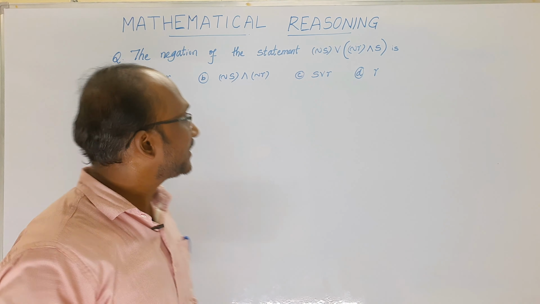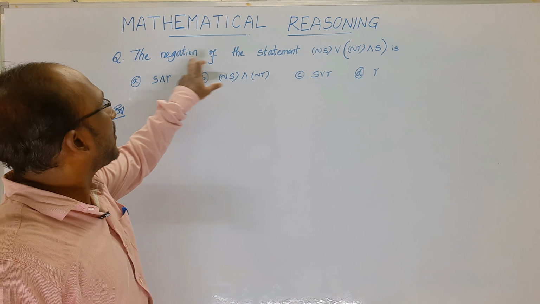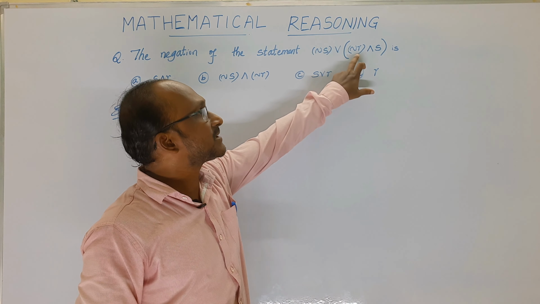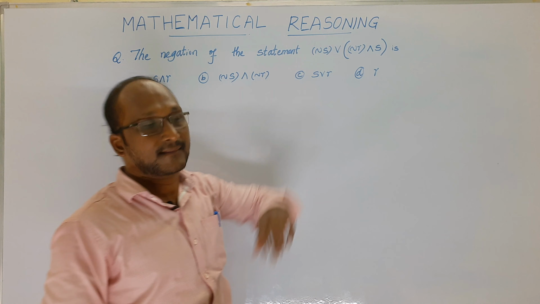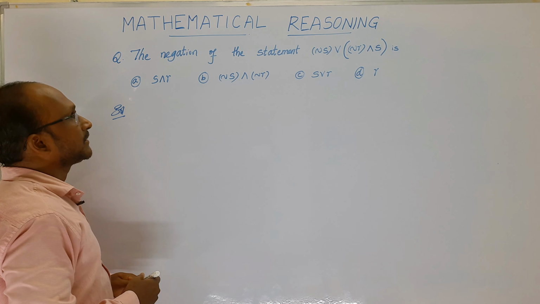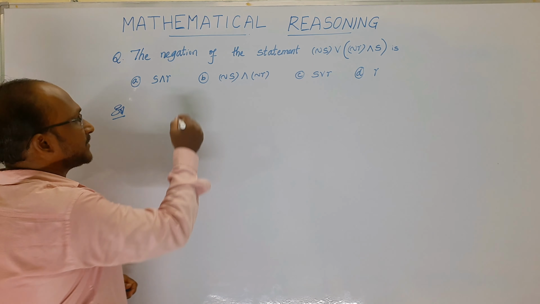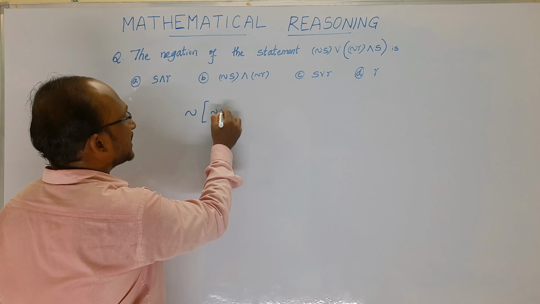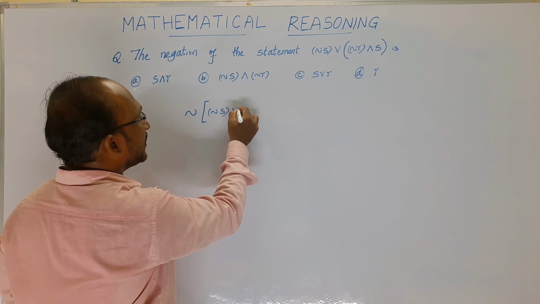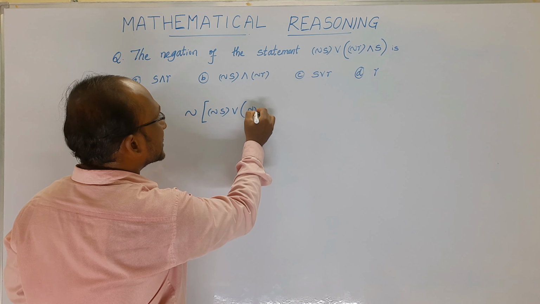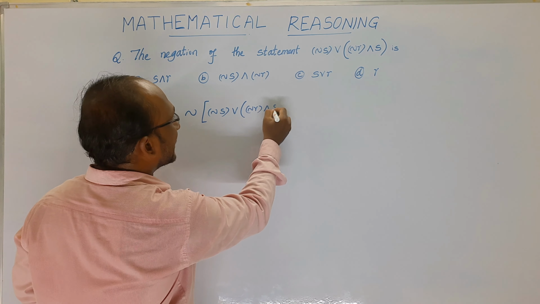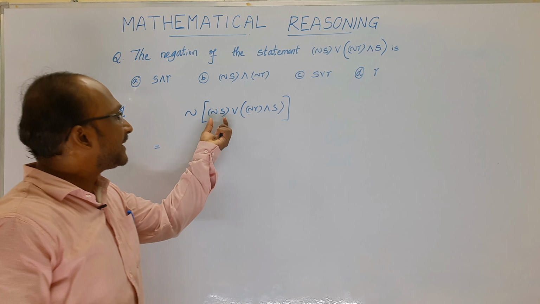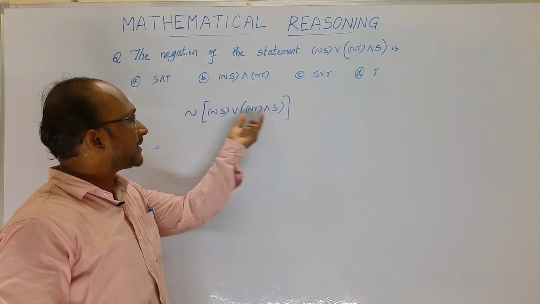Students, the next one: the negation of the statement negation P or negation Q and P is. So to find the negation of the given statement, let us apply negation to the given statement, negation P or negation of Q and P. Here, this is the disjunction of these two statements.